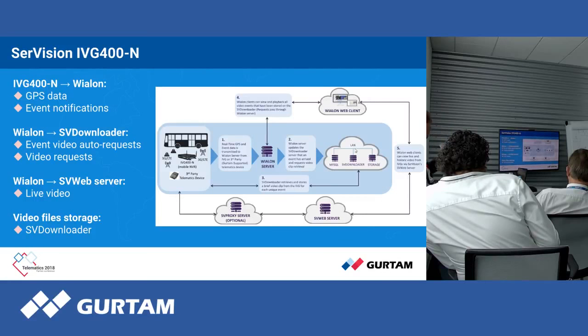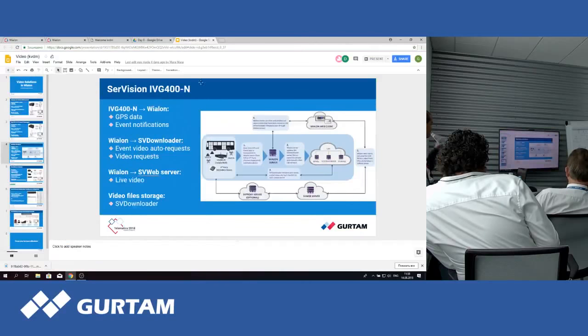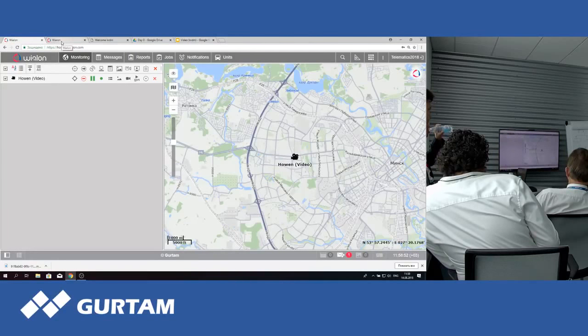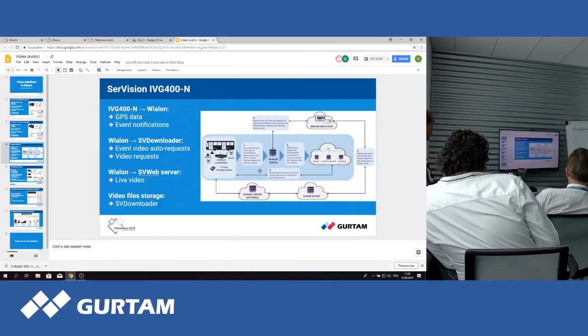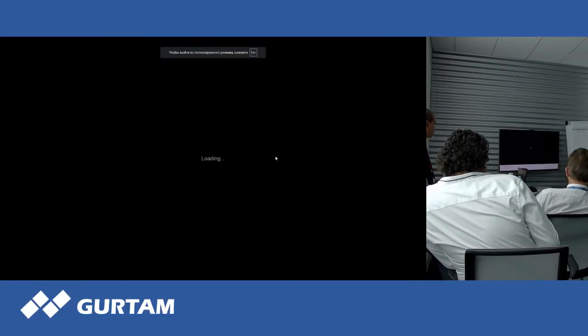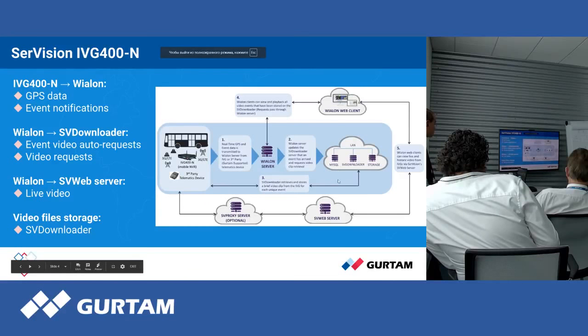So I hope that it's clear, and we can move to testing. As for the scheme, I need to mention one more thing. As the files are stored here, Wialon then requests video links to these files. And then you can view the files in the Wialon web application.